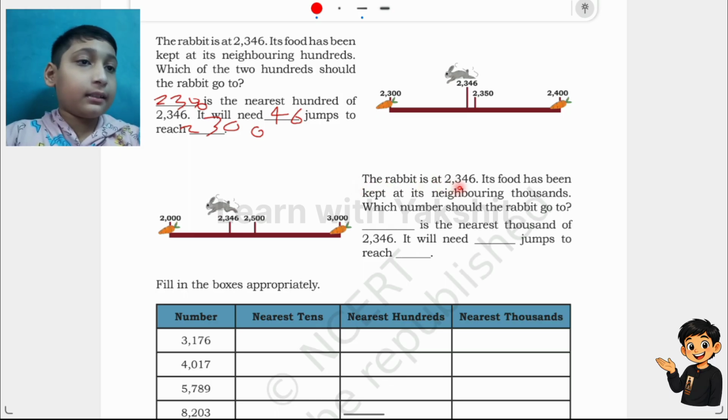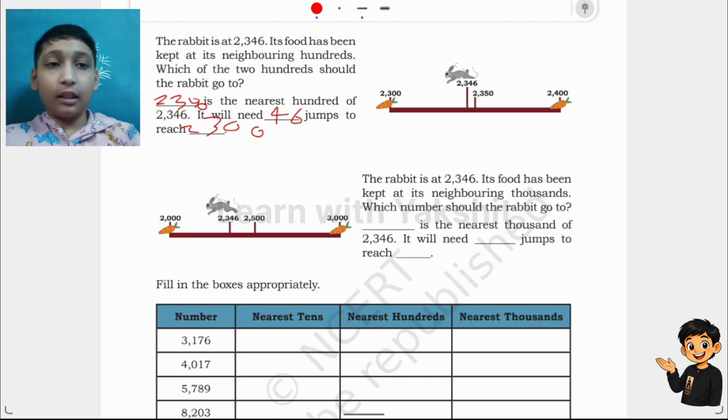The rabbit is at this number. Its food has been kept at its nearest thousands. Which number should the rabbit go to? Now which way is it facing? We just said 2000.